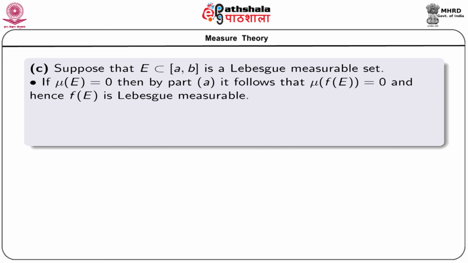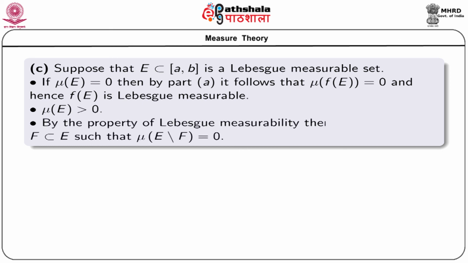So, the assertion follows from A. Now, let mu of E be positive. By the property of Lebesgue measurability, which we have discussed just before this result, we can find an F sigma set F subset of E such that mu of E minus F is equal to 0.